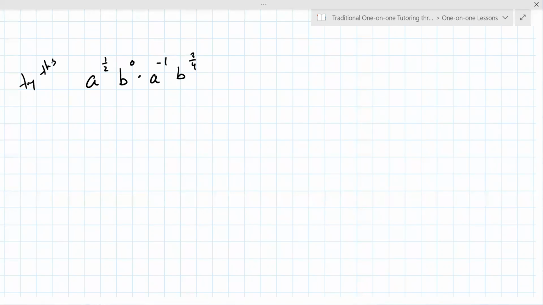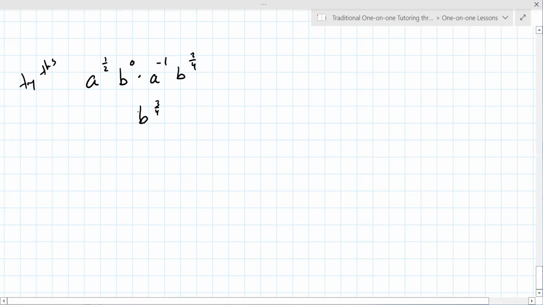Is it 1 over a to the 1/2 and b to the 3/4? So the final answer could look like this. Is that what you wrote? Yes. I know I gave you maybe a little bit of variation on what we're doing, but good job on that.